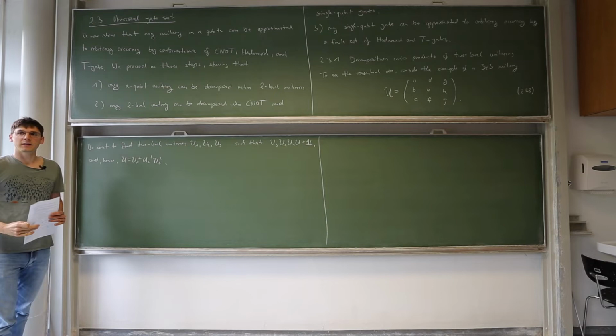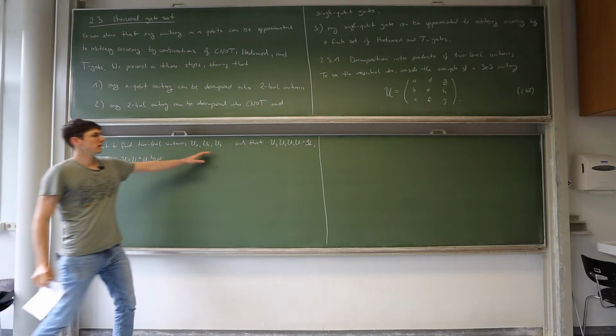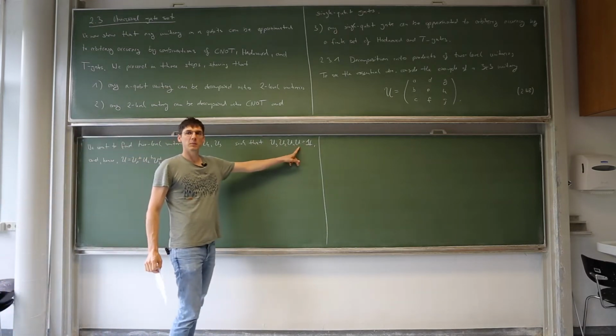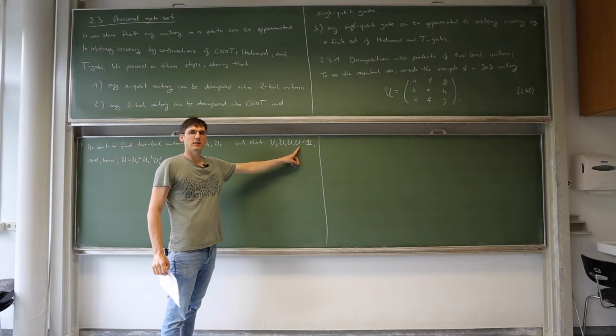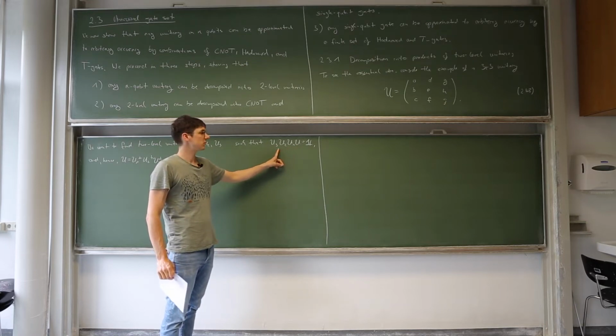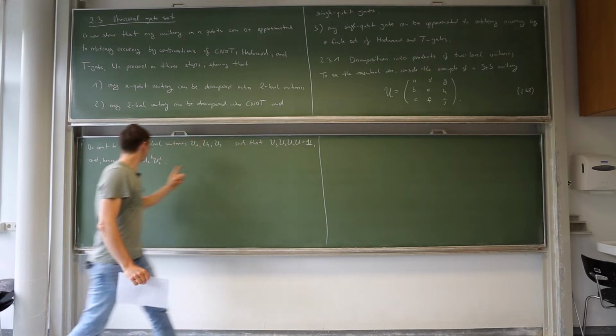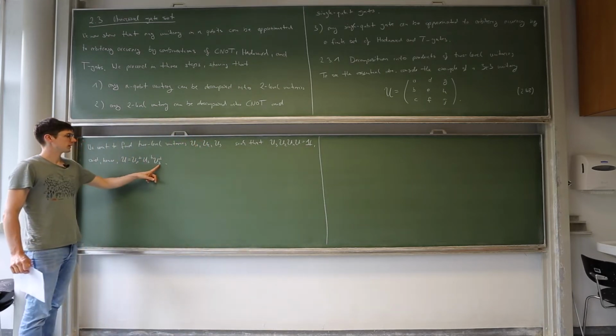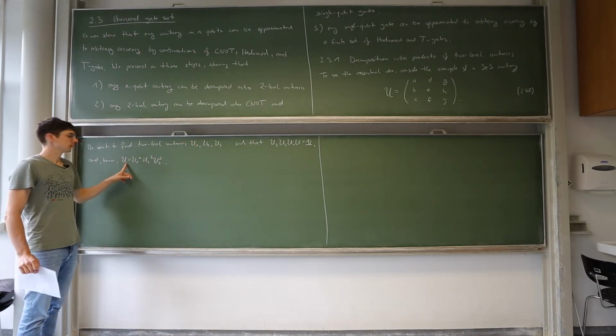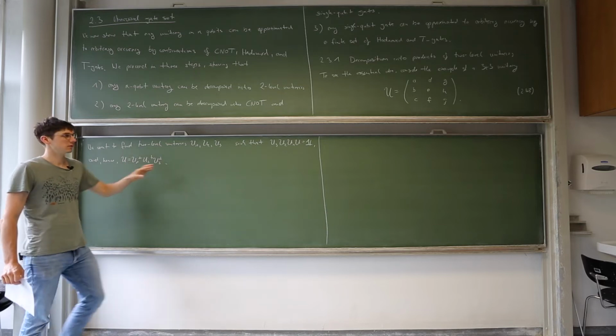So this is our aim now. Now see, we have U, and now we want to multiply this by these two-level unitaries, such that in the end we get the identity. If we found these unitaries, we definitely know that U1 dagger times U2 dagger times U3 dagger must be U, okay? Because all of this is unitary.